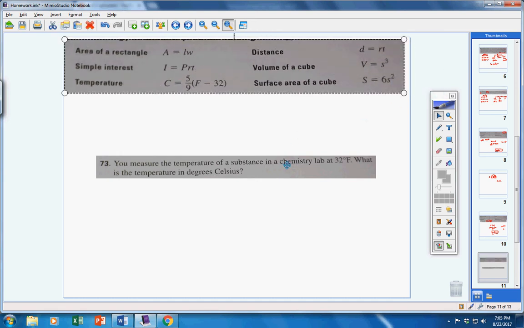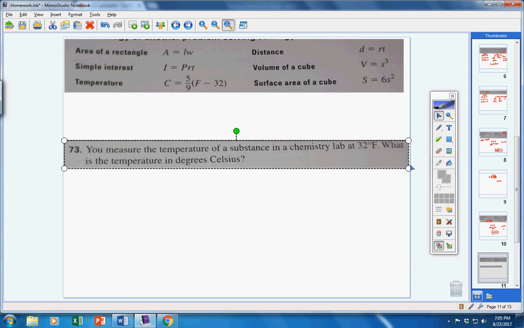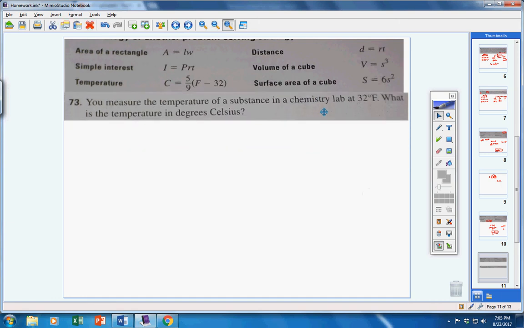You must measure the temperature of a substance in a chemistry lab, and it measures 32 degrees Fahrenheit. What is that temperature in Celsius? Well, if you look at your group of formulas up here, to me it's pretty obvious. We're going to deal with the one that's temperature. So Celsius equals 5/9 times F minus 32.